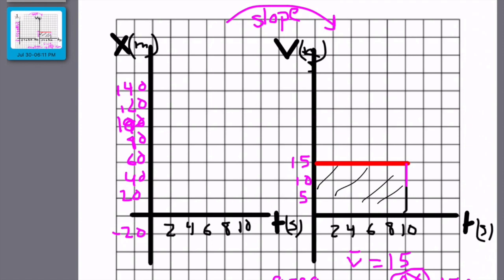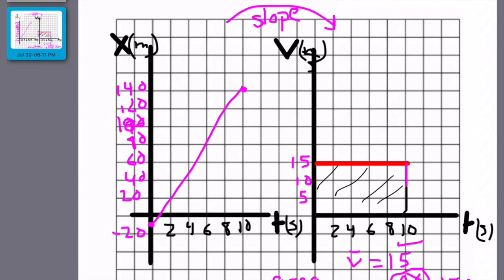Okay, so that could correspond to starting at -10 and going at a constant velocity over 10 seconds, right? Because this is 10 seconds here. So it traveled at a constant velocity for 10 seconds, and we know the difference was 150, from -10 up to 140.